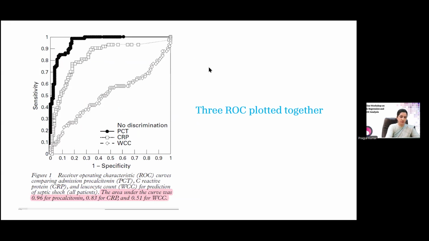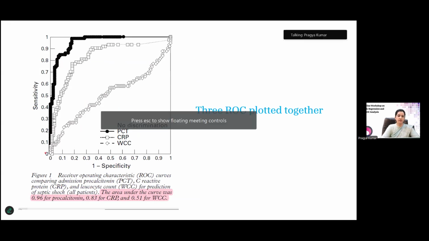So this was the diagonal line. You can see this third one. This was for WBC, so this has no discriminatory potential.